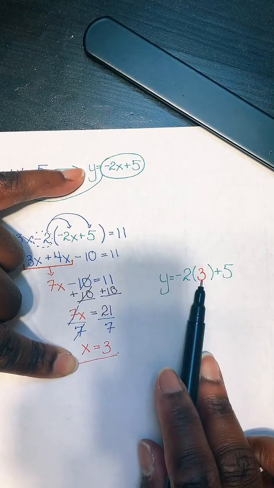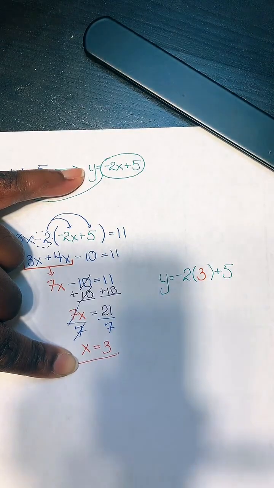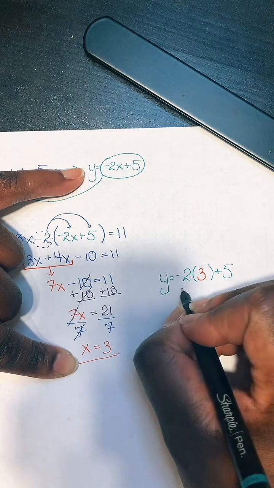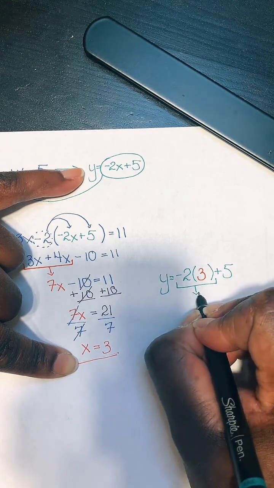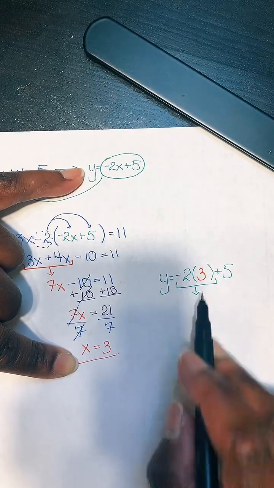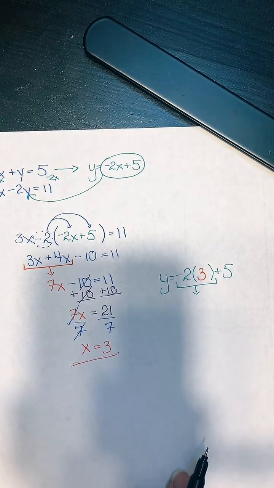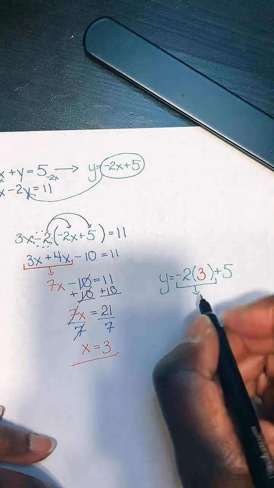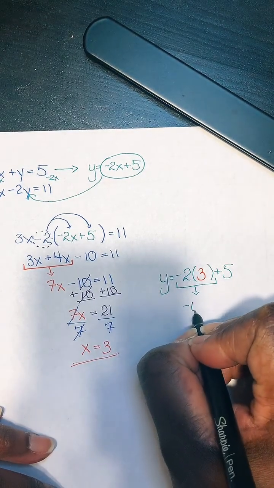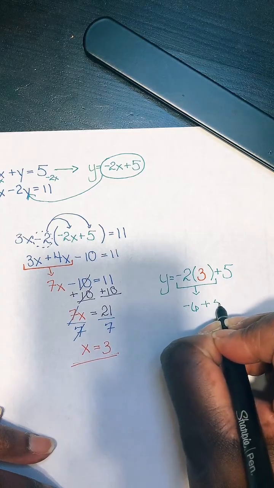So when we replace the 3, now let's go ahead and do our solving with the Christmas colors, right? So negative 2 times 3 gives me what? Yes, there you go. Here we go. So we got negative 6 plus 5.